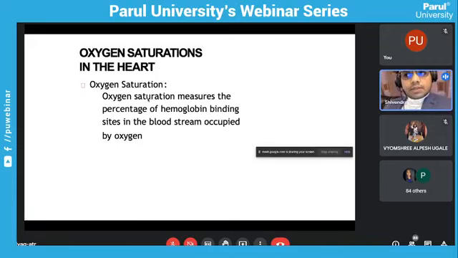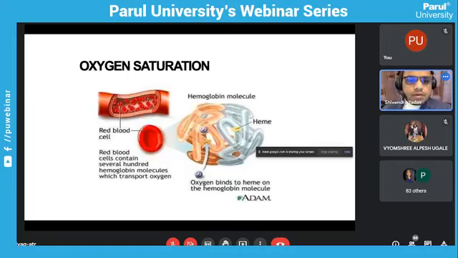Now there is something called oximetry, oxygen saturation. Now oximetry is a separate topic, but I'll just cover it in brief here because this is an important part of hemodynamic assessment. It is very important to measure the oxygen saturation during cardiac cath procedures, especially if you want to calculate the cardiac output, stroke volume index, and all the other things when we go the old school method.